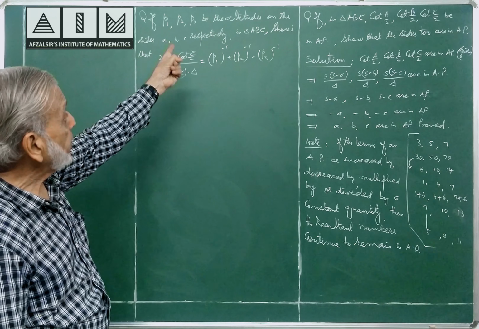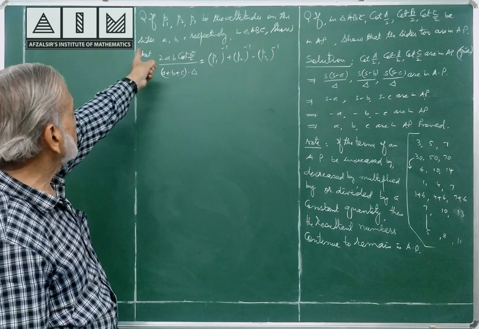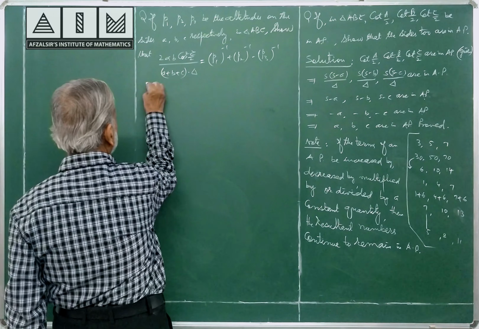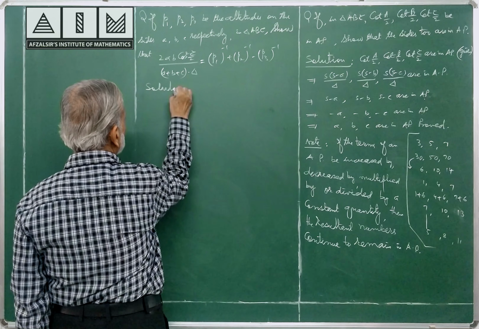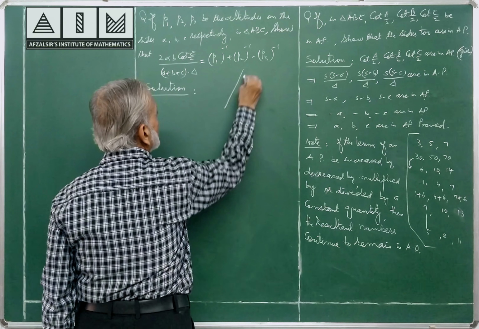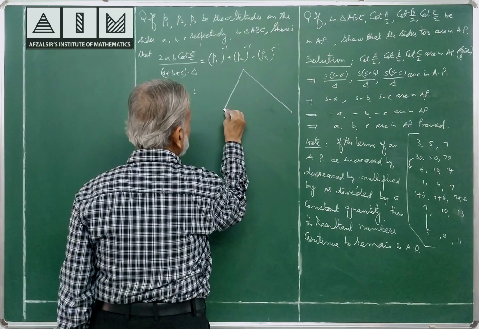P1, P2, P3 are the altitudes on the sides of a triangle ABC. Show this. See here. Triangle ABC.